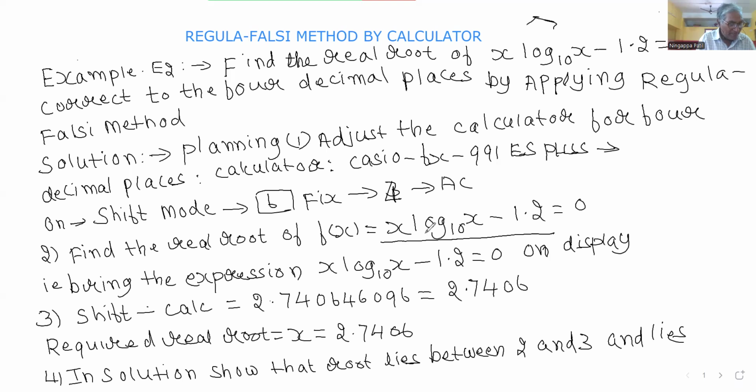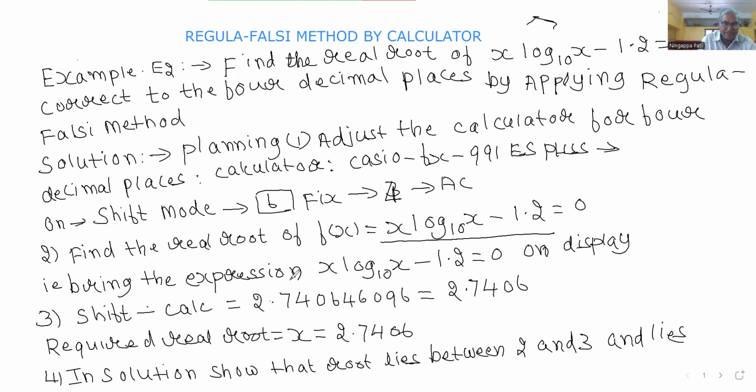There are two buttons, ln and log x. Log x means to the base 10, ln means to the base e. Then log x minus 1.2, and alpha calculate for the equals sign, equal to 0. You have to bring this expression onto the display of the calculator.